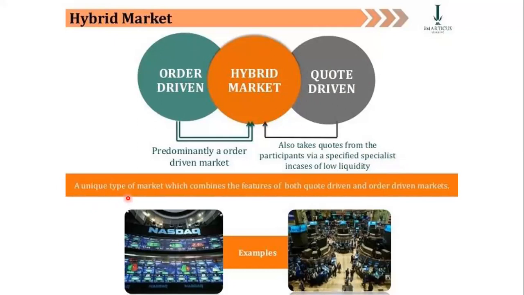A unique type of market which combines the features of both quote-driven and order-driven markets. So the best example is Nasdaq. Yes, Nasdaq is the market you can find in the USA, right? Nasdaq.